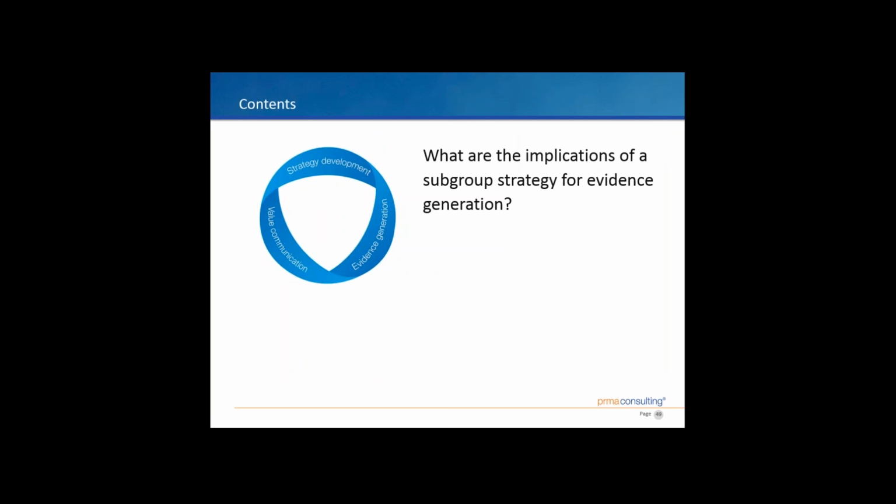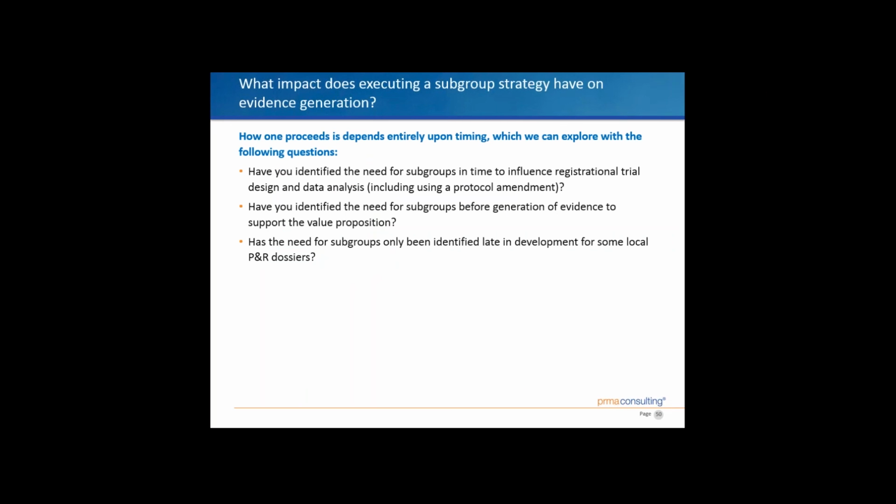So in this section, things start to get a little bit more complicated. What are the implications of subgroup strategy for evidence generation, the operationalization of subgroup strategies? And we see this a lot as a company at PRMA Consulting. Subgroup data, subgroup analyses, are a demonstrably valuable part of the puzzle, but it's a lot harder to set that work up.